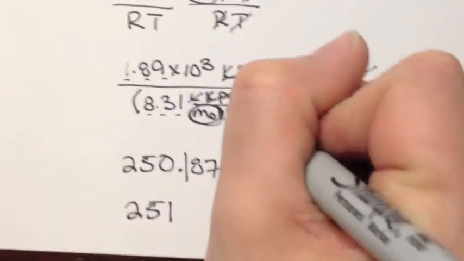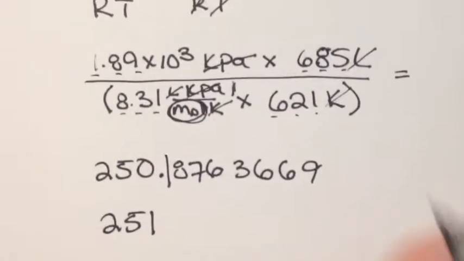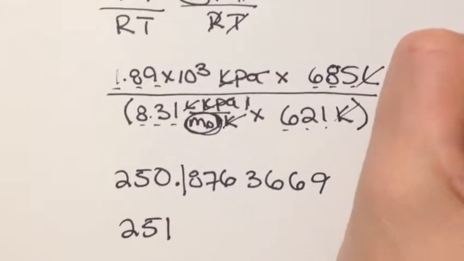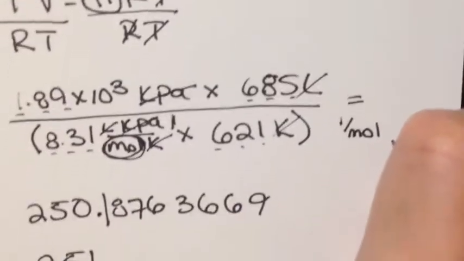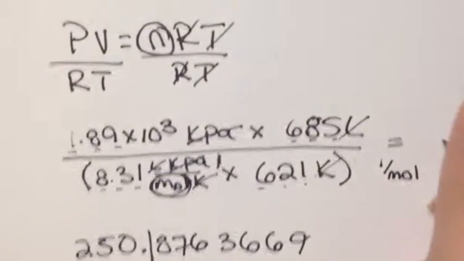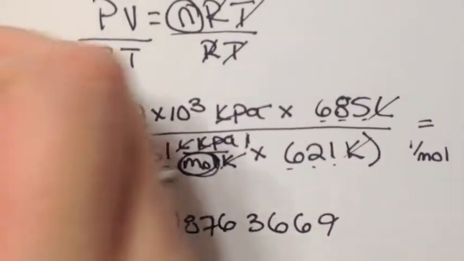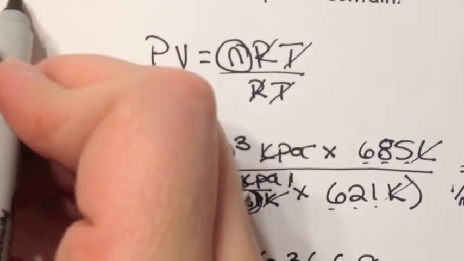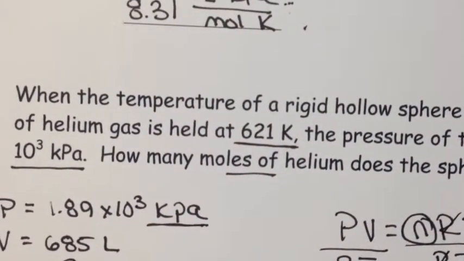In this case, I actually have 1 over moles in the denominator of this fraction, which means I'm dividing by 1 over moles. If I divide by a fraction, it's the same as multiplying by its reciprocal, which means my answer is going to be in moles, which is exactly what I expected it to be, because this is how many moles of helium does the sphere contain.